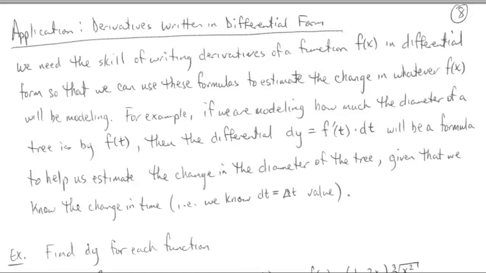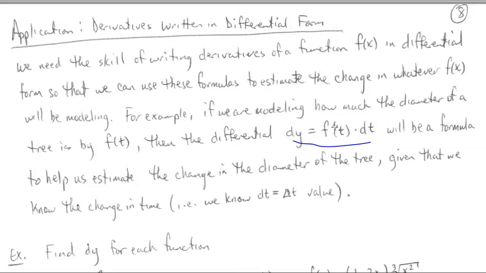Okay. And so, for example, if we're going to model the diameter of a tree by f of t, then the differential expressed by this particular equation will be a formula to help us estimate the change in the diameter of the tree, given that we know the change in time, or we know the change in some other parameter like the diameter or radius or whatever.